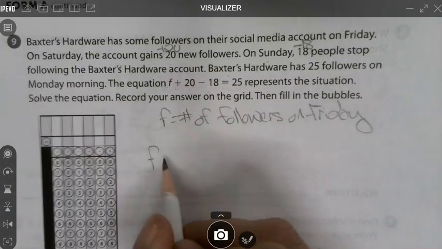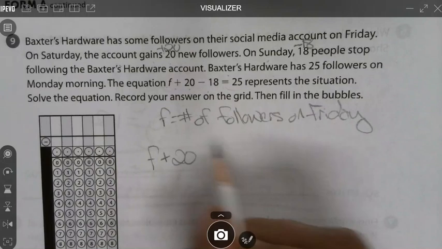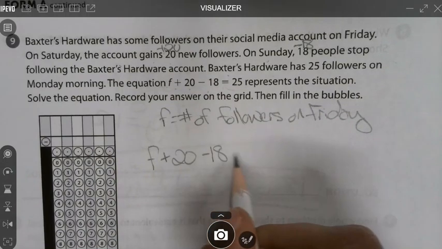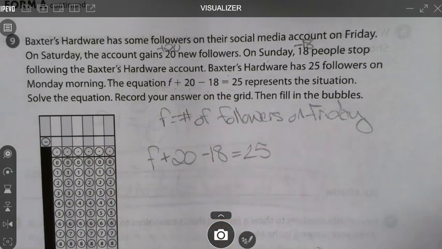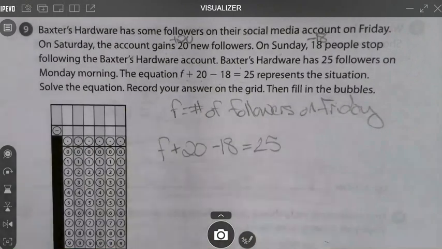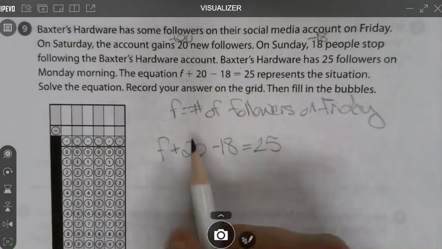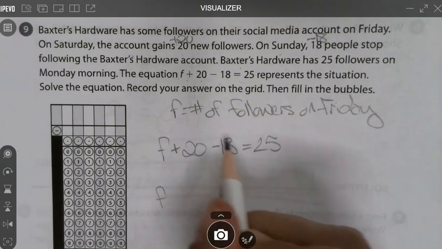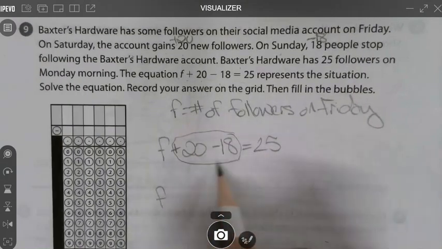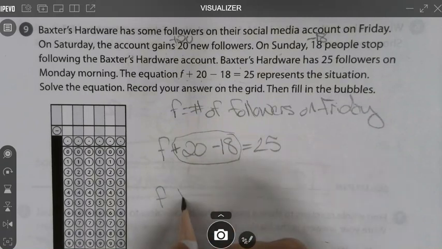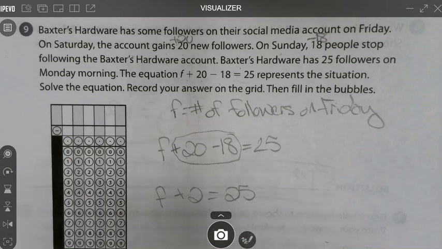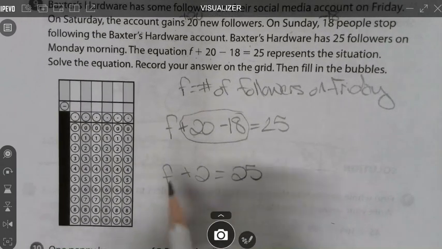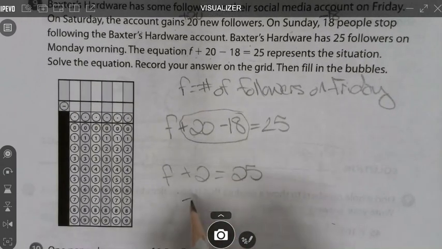So if I have Friday started with this, he gained 20, he lost 18, but come Monday morning he had 25. I just have to combine like terms. F would stay the same, but these two I can combine. If I have 20 and I take 18 away, doesn't that leave me with 2? And then 25, take the inverse operation to get rid of your term 2.